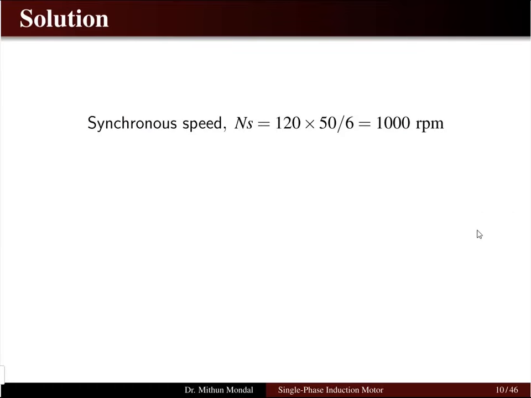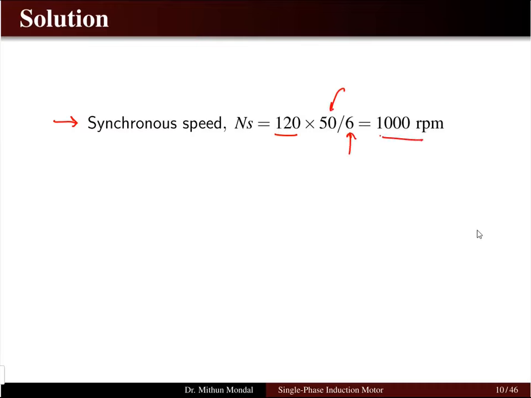Let's see the solution. Although we have described the 3-phase in another lecture series and discussed many problems on 3-phase induction motor, here, again, for any problem on the induction motor, each and every time we have to first calculate the synchronous speed. So here the synchronous speed is 120 F by P. The frequency is 50 Hz and the poles are 6.